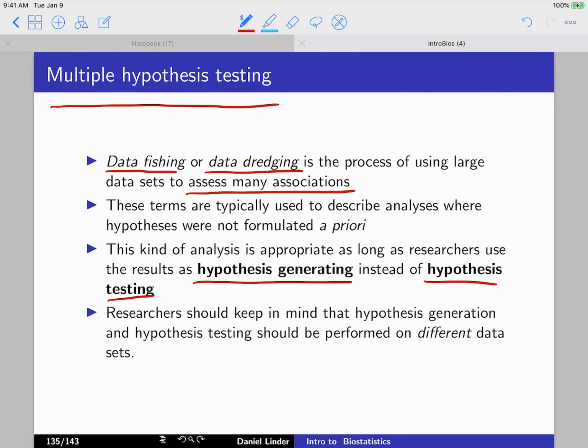They should generate hypotheses, and then subsequent data should be collected to actually confirm the hypotheses that were generated as a result of this data fishing. Okay, so the important point for everybody to keep in mind is that hypothesis generation and hypothesis testing should be performed on different data sets, and this is critical.